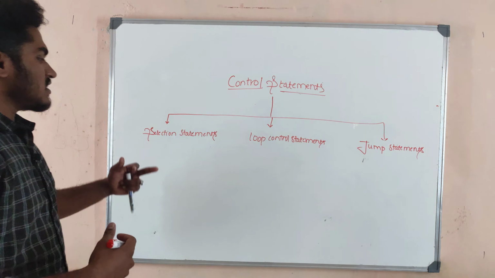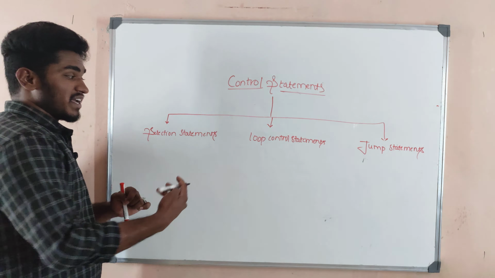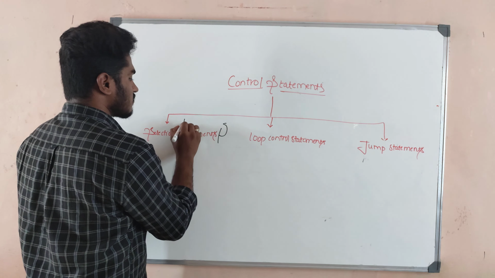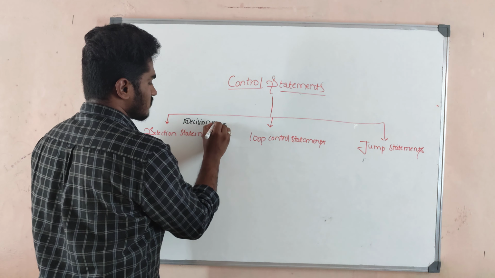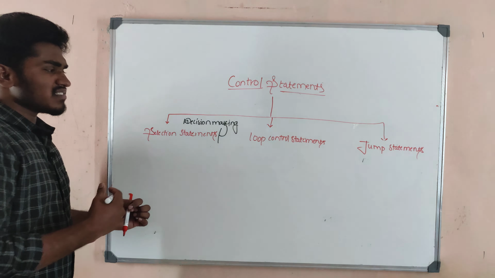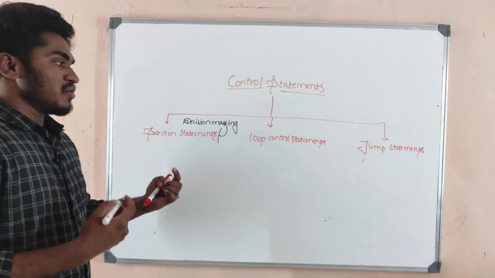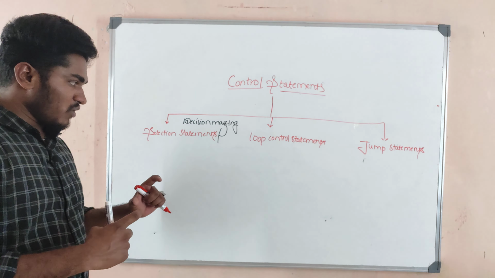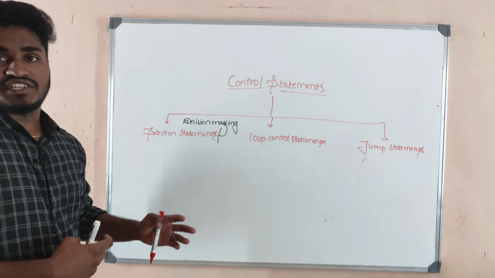Selection statements are also known as decision making statements. Selection statements, loop control statements and jump statements are used if we want to execute a particular part of the program, means in that case we are using these control statements.